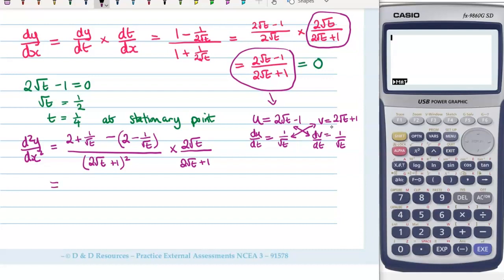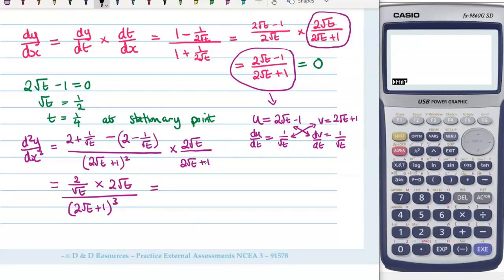Okay, let's tidy that up. So on the top, we've got a 2 minus a 2 cancels. 1 over root t plus 1 over root t is going to give me 2 over root t. Then that's going to be multiplied by 2 root t, and on the bottom we've got 2 root t plus 1 squared being times by another 2 root t plus 1, so now it's cubed.